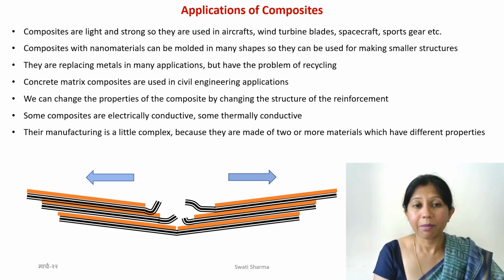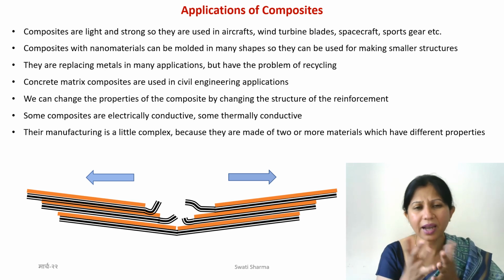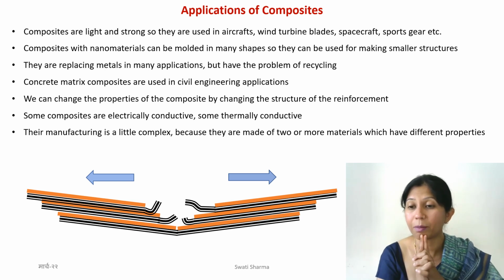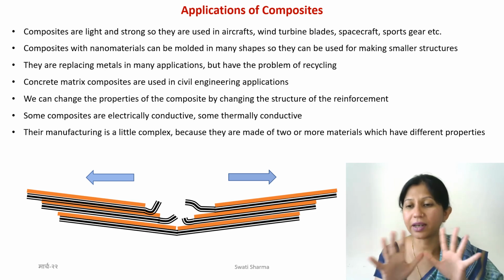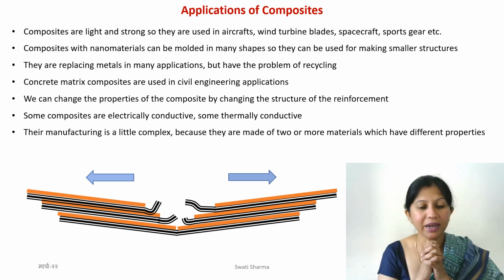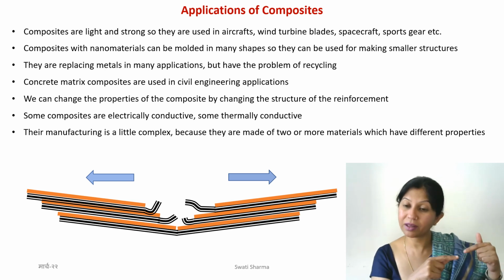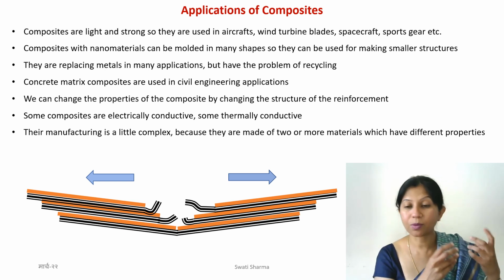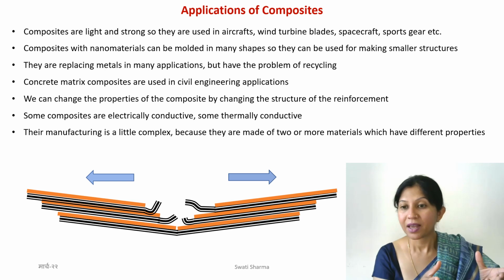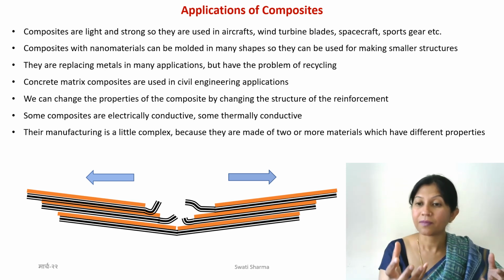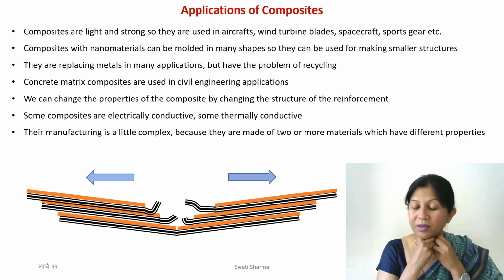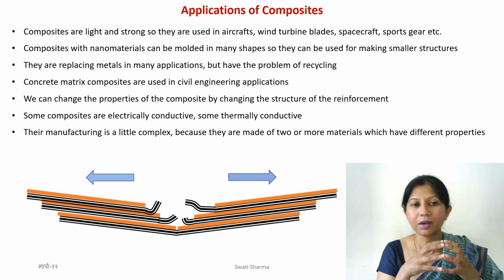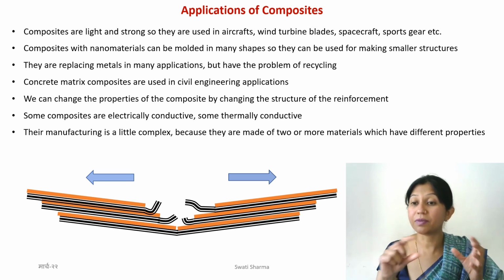Okay, their manufacturing, actually I don't know if I should call it simple or complex, because making these layered structures is relatively simple. But before that you have to also make the fabric or whatever nanomaterial you're adding, and also the matrix material, and the combination of these two things may not always be easy, because you need to make sure that they are mixing very well, and there is no air gap between them, and so on.